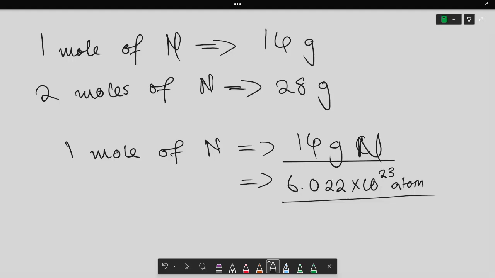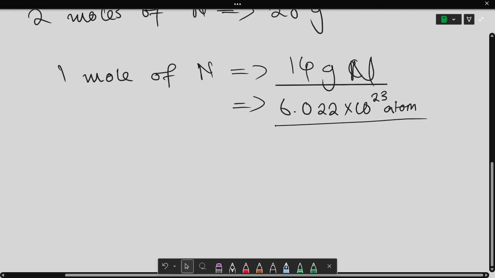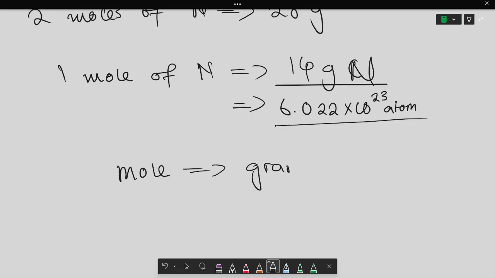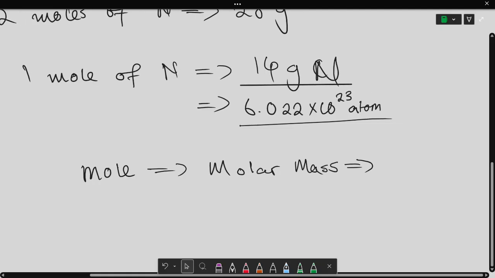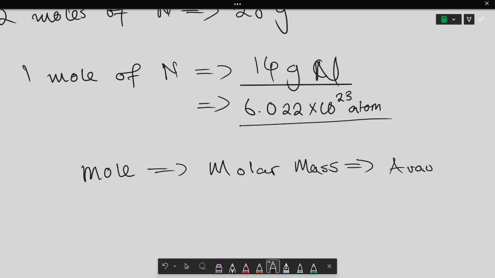In the next videos, we're going to see how we can move from the number of moles to the grams, which is the molar mass, and again to the number of atoms in a given element, which we are calling the Avogadro's number, which is just equal to 6.022 times 10 to the power 23 atoms.